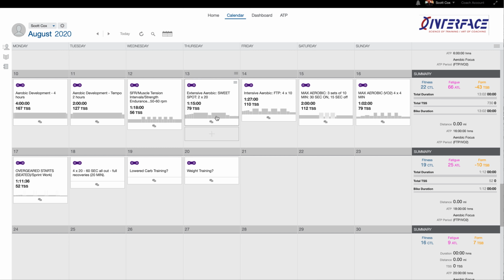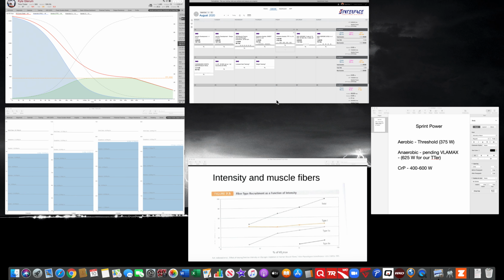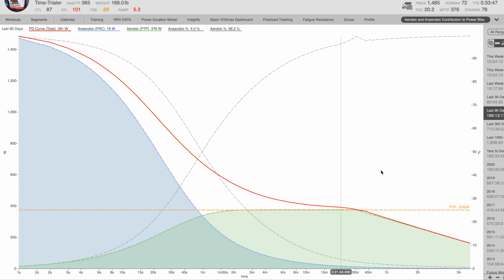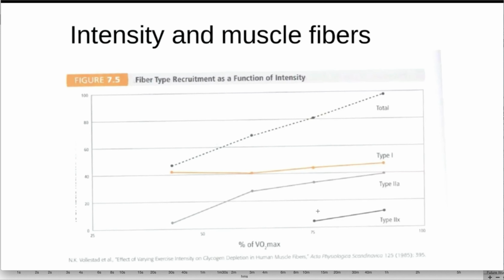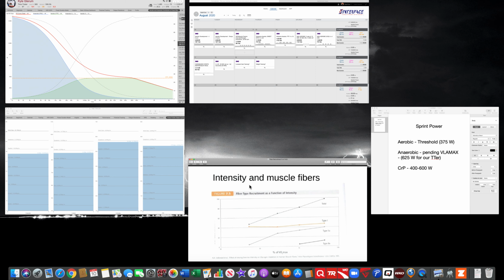Looking at some other examples, we've got the big gear work. We talked about sweet spot, tempo, or FTP there. So let's look at our big gear work. It's going to fall in the tempo power, so we're probably out in this area, 300 watts. Now if we're doing that work, we're really recruiting these fibers here because we're doing that lower cadence, and that might help with some aerobic abilities, and maybe it hurts the sprint.